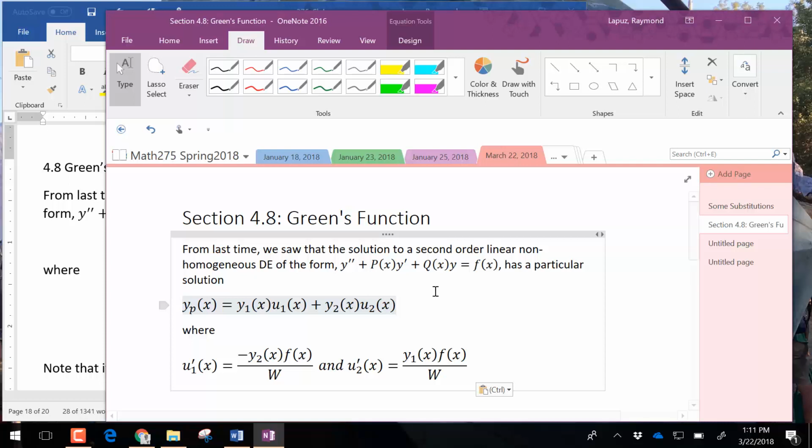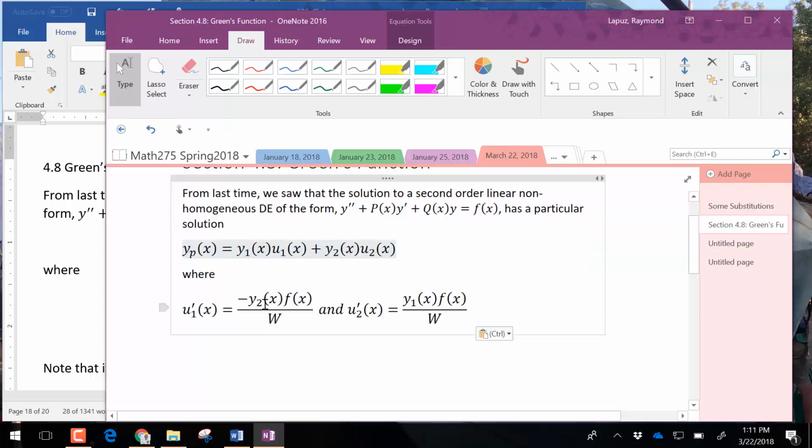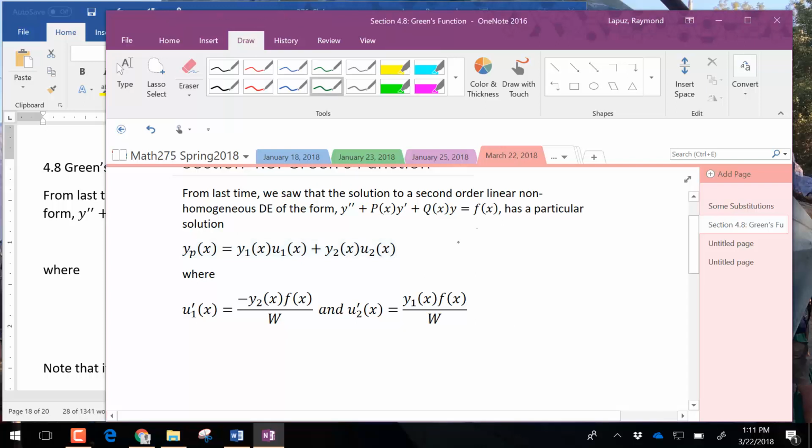And so if you look at, and remember the modified Wronskians, for W1 we have 0 and f of x, and then we have y2 and y2 prime.